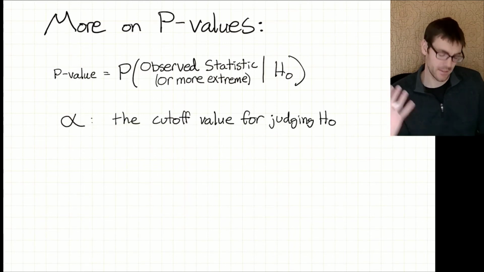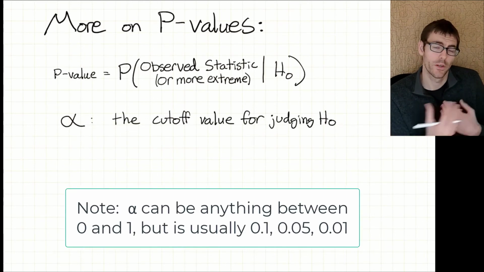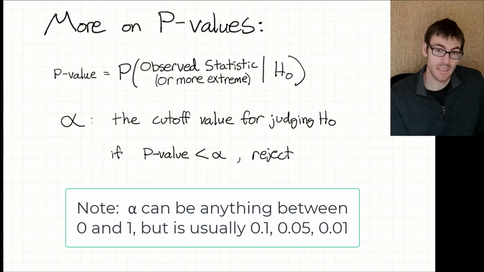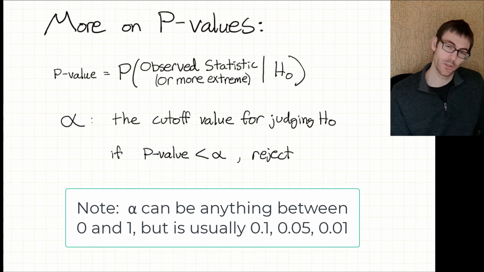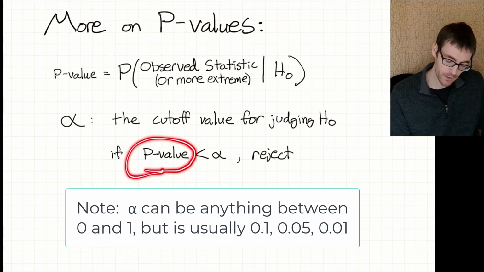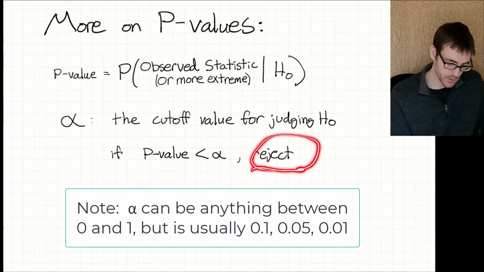So this alpha is the cutoff value with which we're going to make a decision about H naught. If our p-value happens to be less than our pre-chosen cutoff value, then we're going to choose to reject the null hypothesis. For a very small p-value, we're rejecting the null hypothesis.